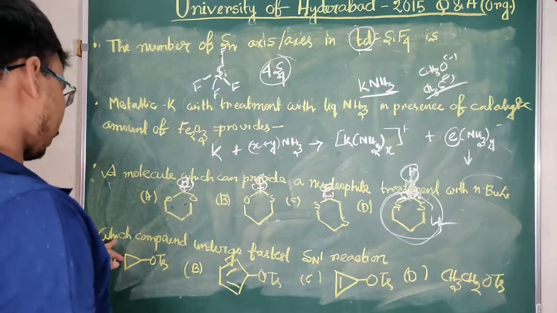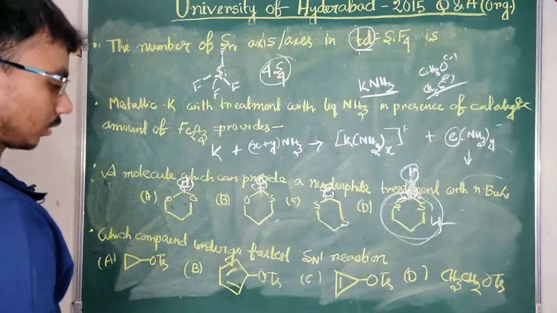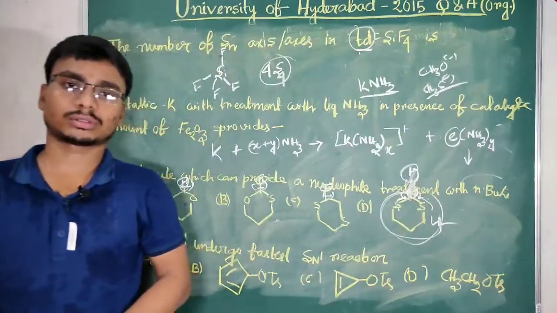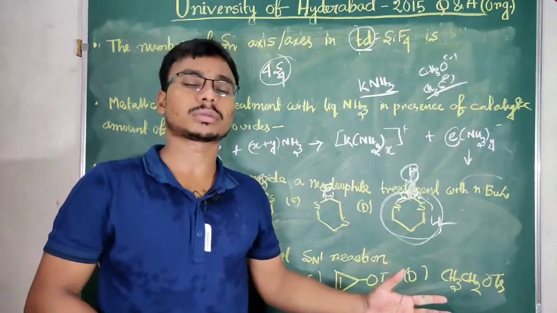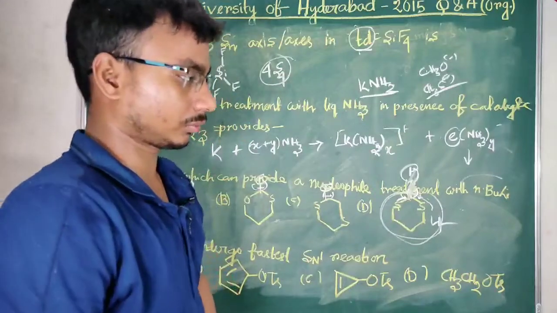The next question is, which compound undergoes the fastest SN1 reaction? At first we have to know what the SN1 reaction is. You know from class 11th, SN1 reaction is a two-step reaction.